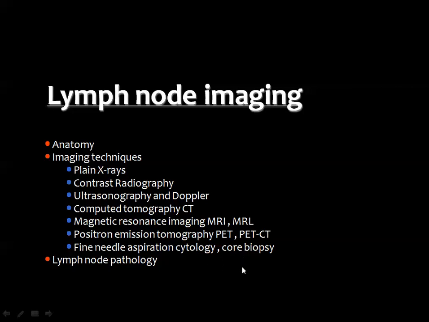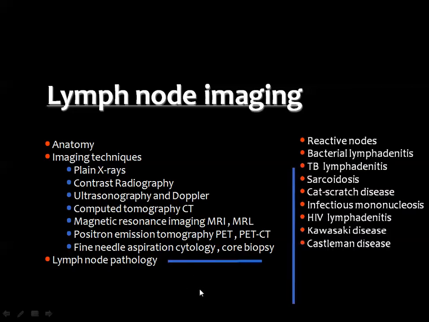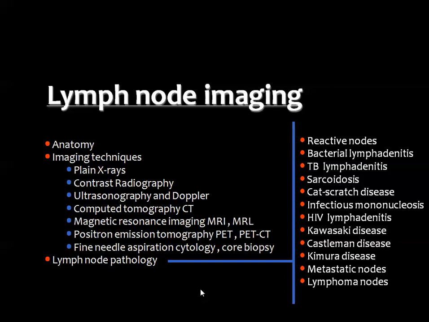Lymph node pathology is quite variable, and it includes a broad spectrum of diseases, and we will have an idea about the appearance of reactive lymph nodes and the inflammatory nodes, including the bacterial and TB lymphadenitis.